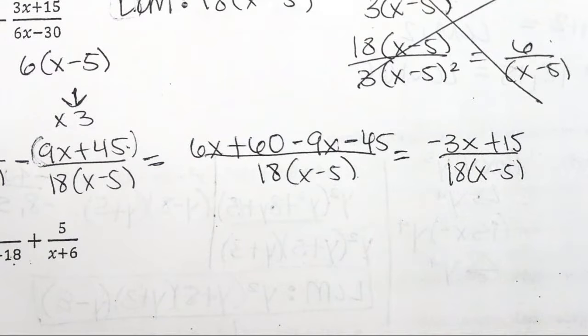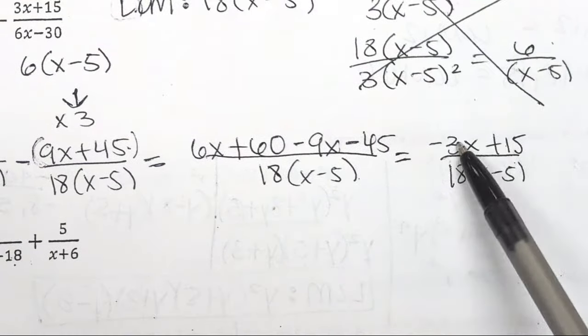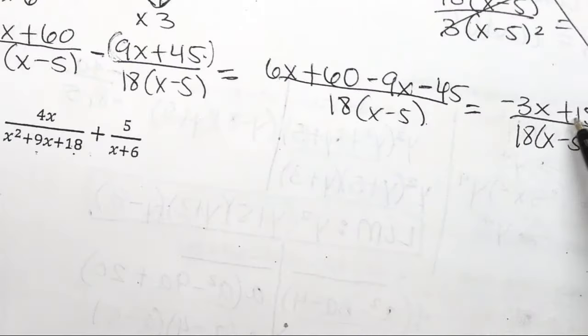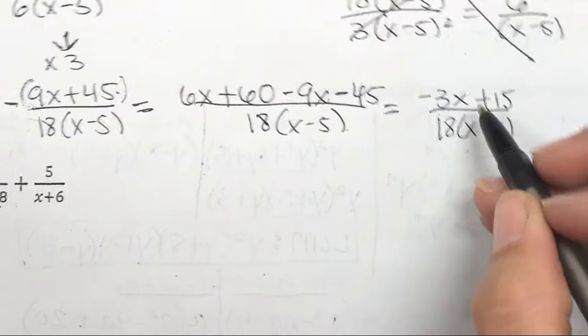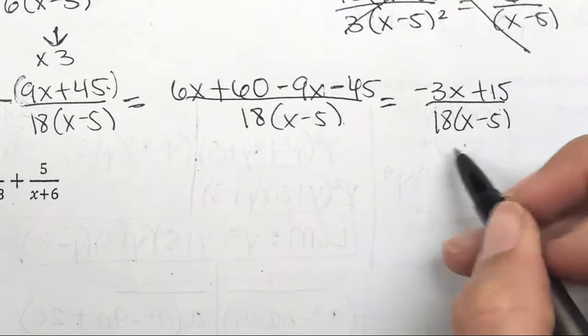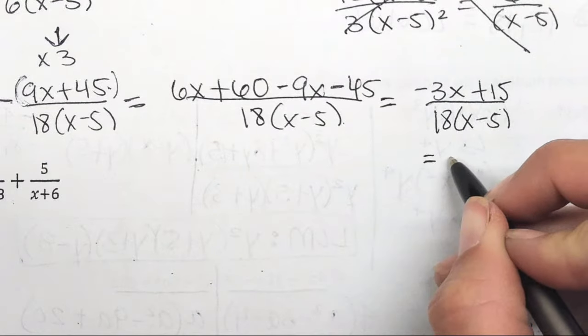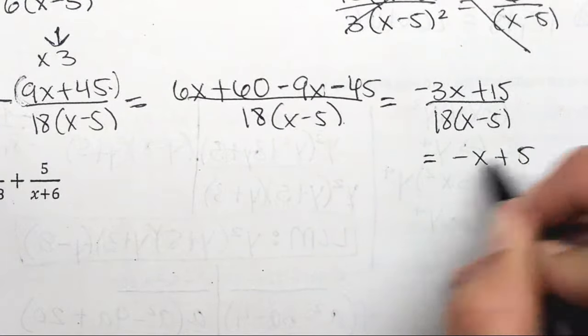The 15 and the 18, what about it? Remember, all 3 of these have to have something in common. They all have what in common? 3. Good. So we could take out a 3 out of all of these. That would be what up top? Over.